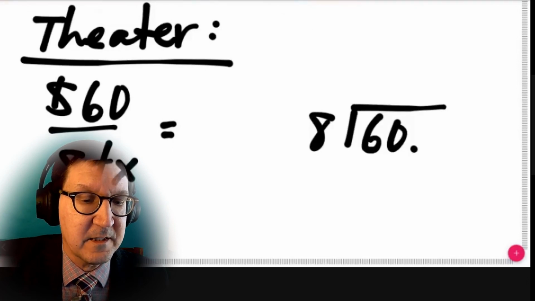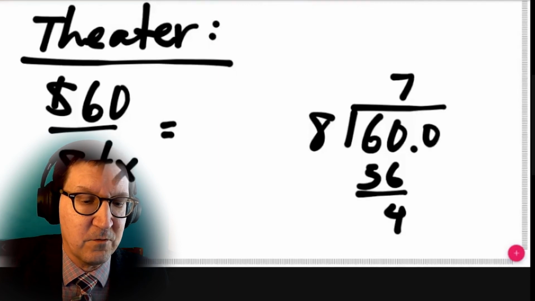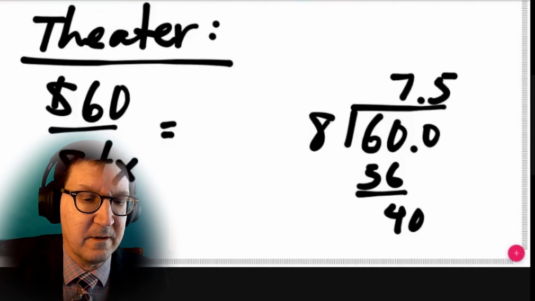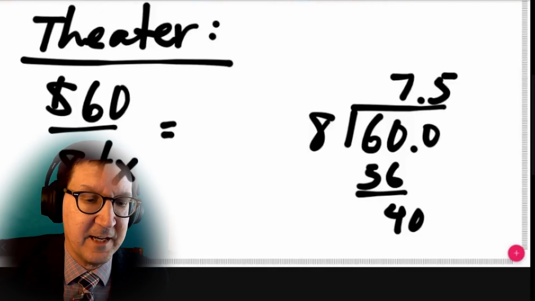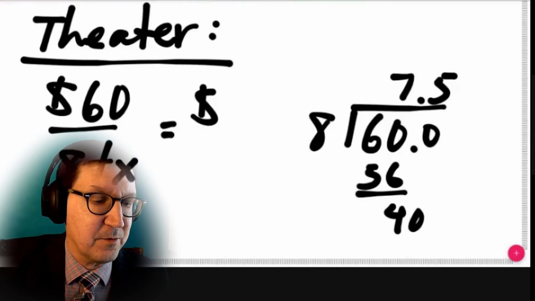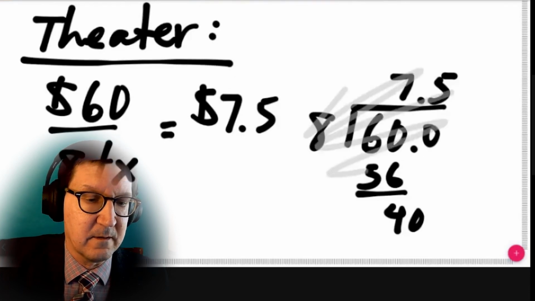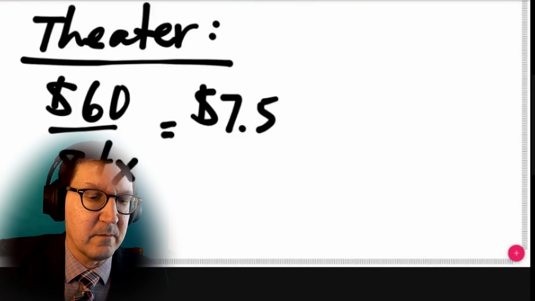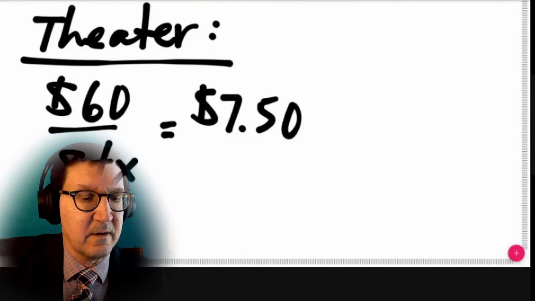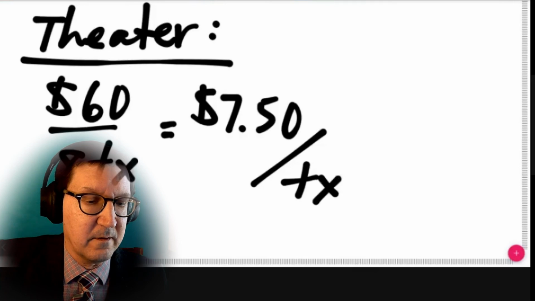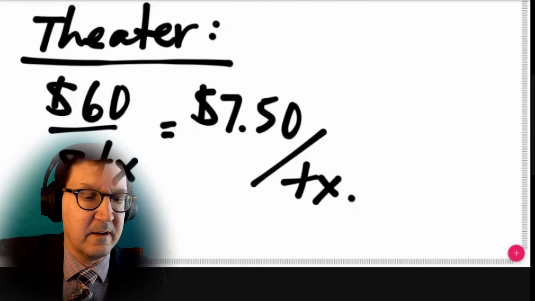Let's see, 7 eights are 56. That's 4. Bring down your 0. 7.5. So that means it's $7.50 per ticket. All right.